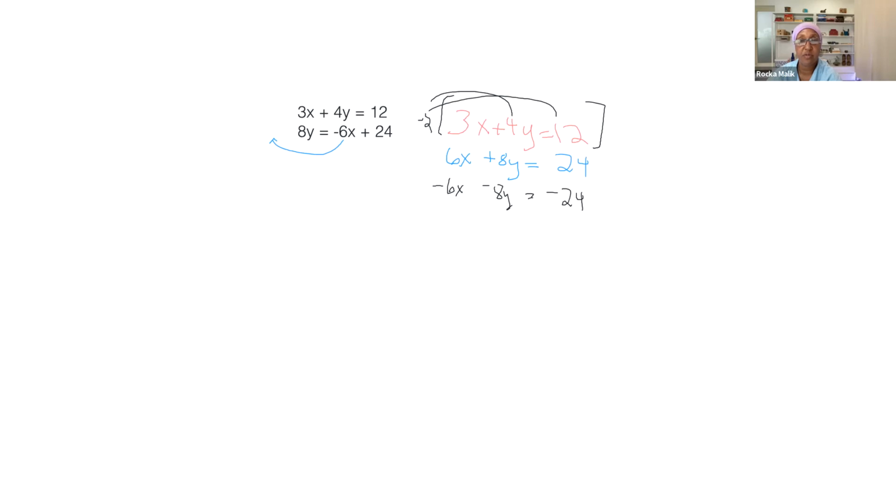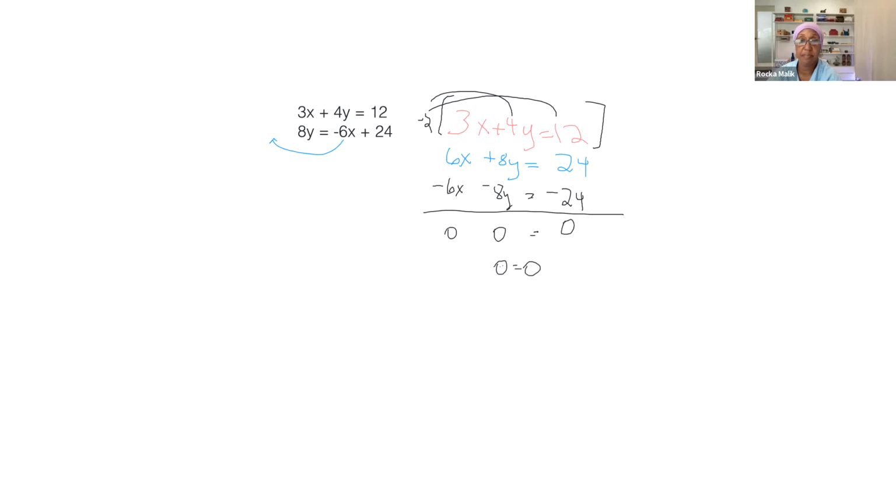So when I add these two equations together, I have nothing here, nothing here, equals nothing here, which I have 0 equals 0. Great, that's true.